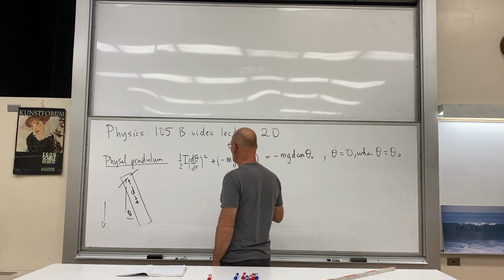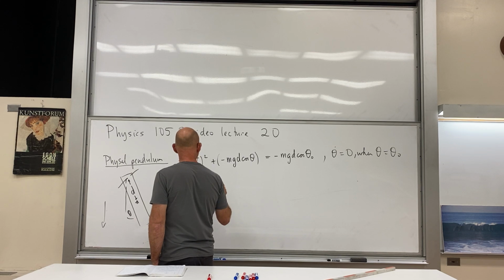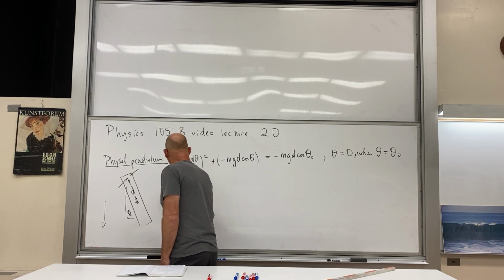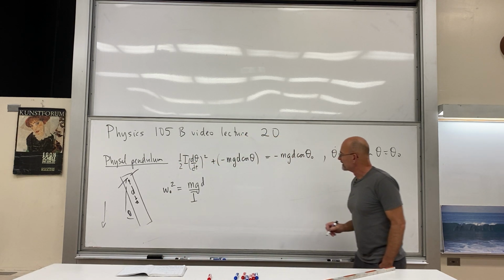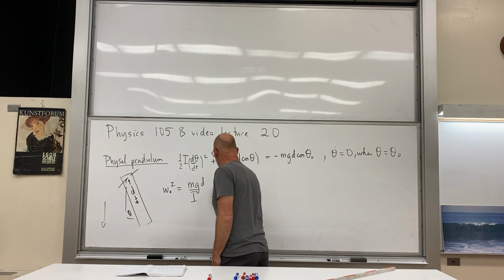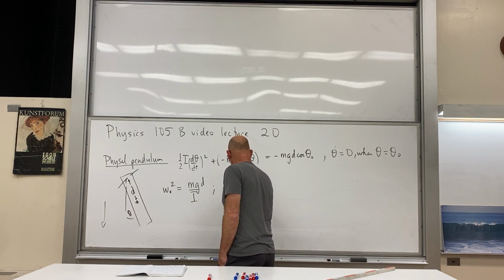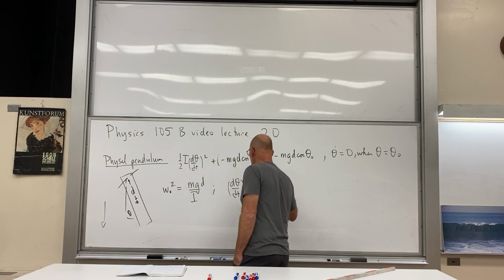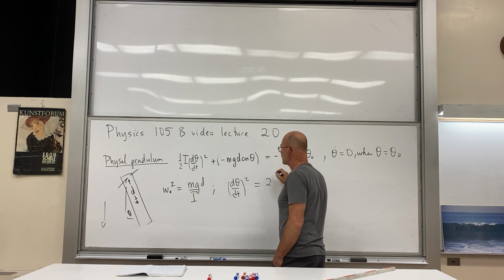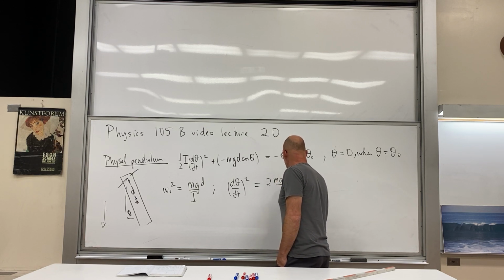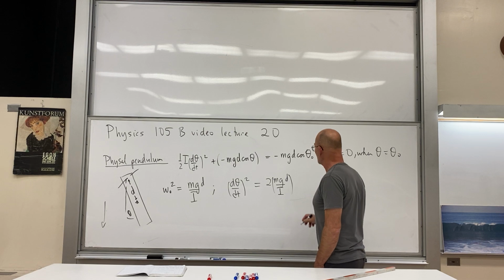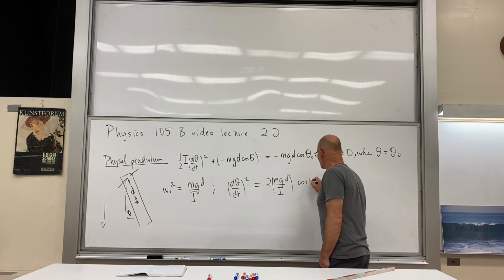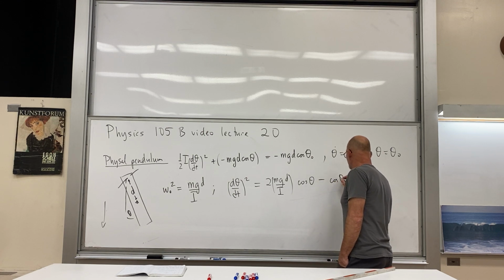We can also note that omega naught squared is just this mgd divided by I. That's what we had last time, and in fact, if we write (d theta/dt) squared equals 2 mgd over I, then we'll have 2 omega naught squared, and then we'll have cosine of theta minus cosine of theta naught.